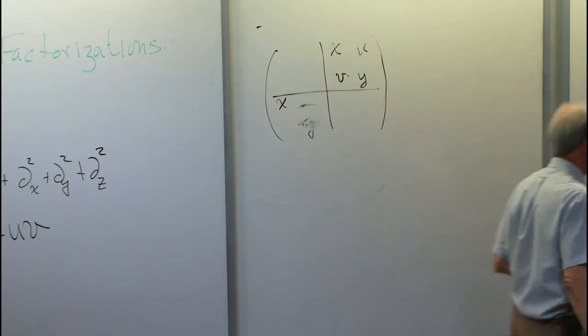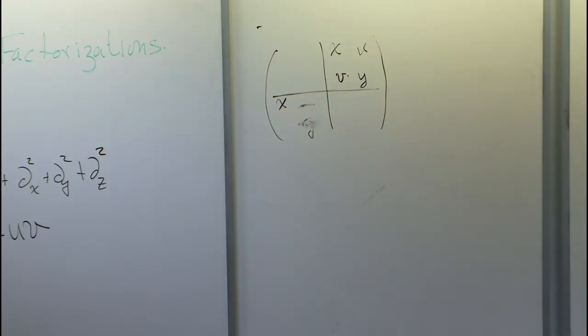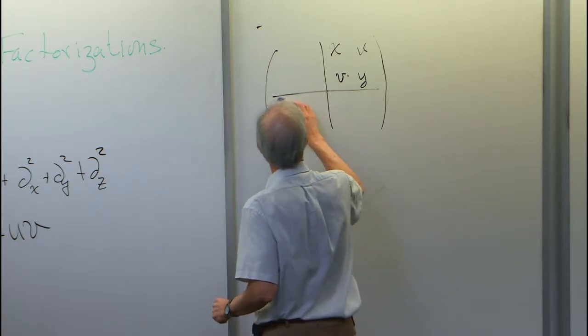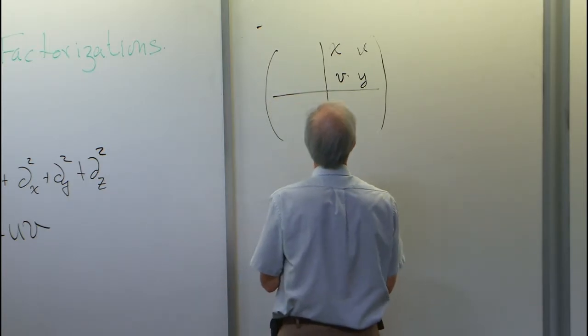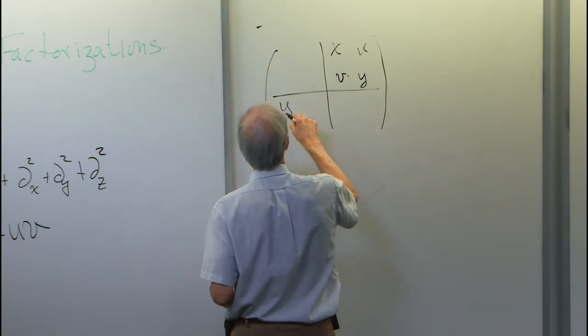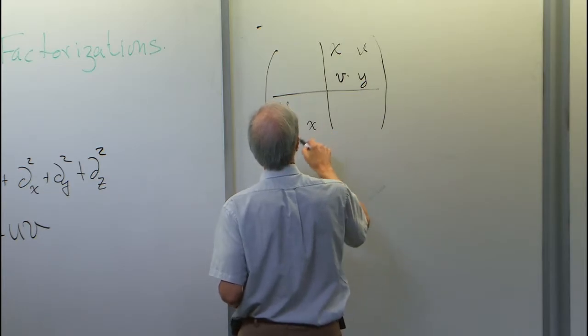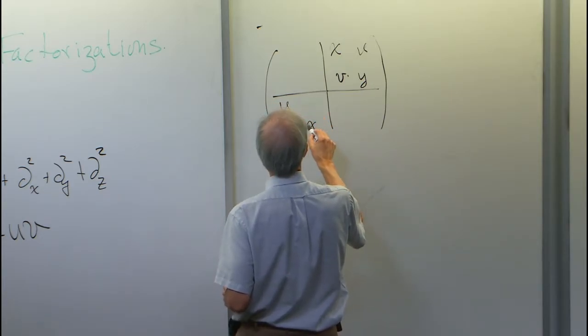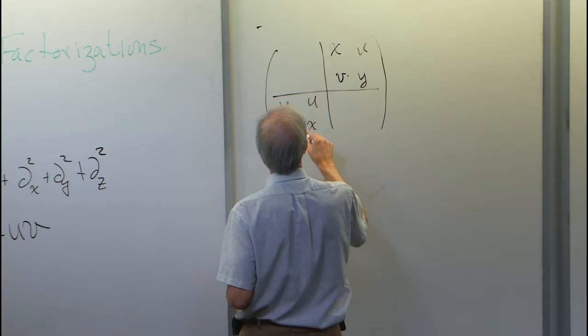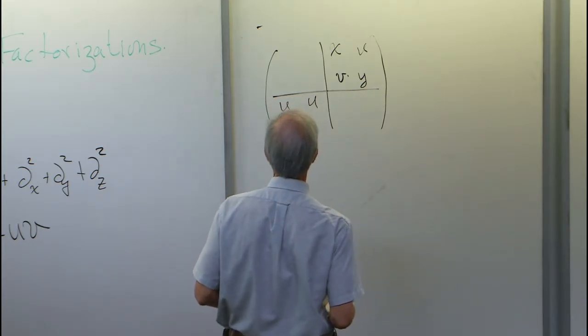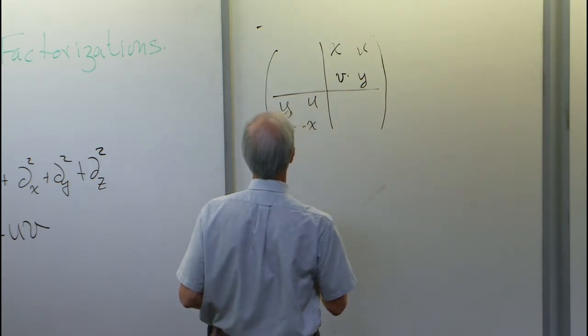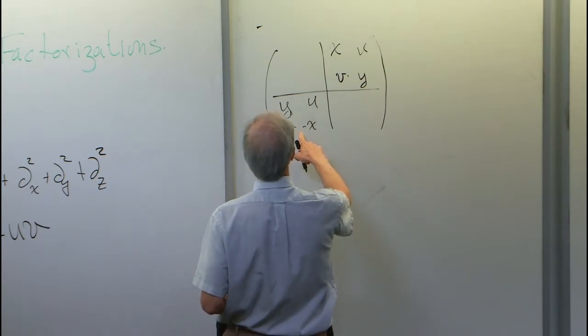Oops. Erasing. It's on the board. Right, y, x, do I need a minus sign somewhere? Yes. uv, maybe there. And maybe the whole thing is the negative of what it should have been.